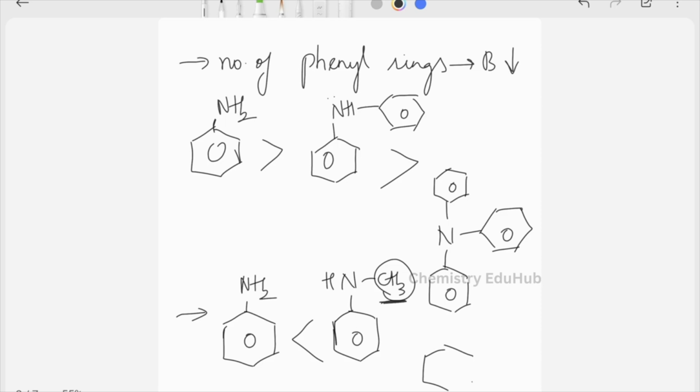Let us see one more example. Nitrogen with two methyl groups. So what happens? The delocalization of this lone pair is hindered because of the more bulky methyl groups attached to the nitrogen around the phenyl ring. So hence, aniline is less basic than the monosubstituted than the disubstituted. This way, basicity of aromatic amines is also affected.